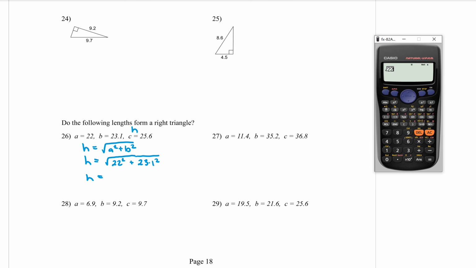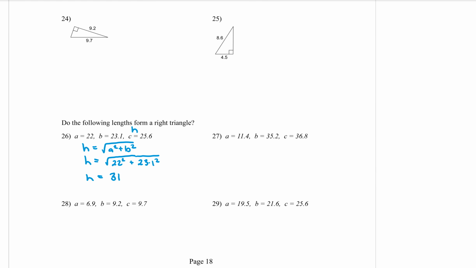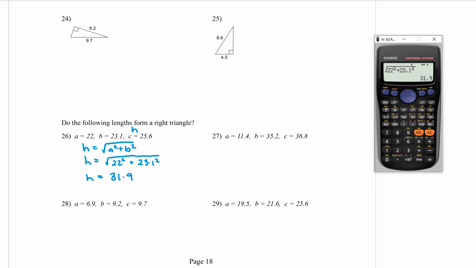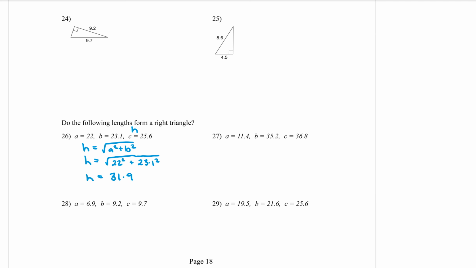So we have 22 squared plus 23.1 squared equals, it equals 31.9. Now, because that is not what it is telling me in the question the hypotenuse should be, that means it is not a right angle triangle.